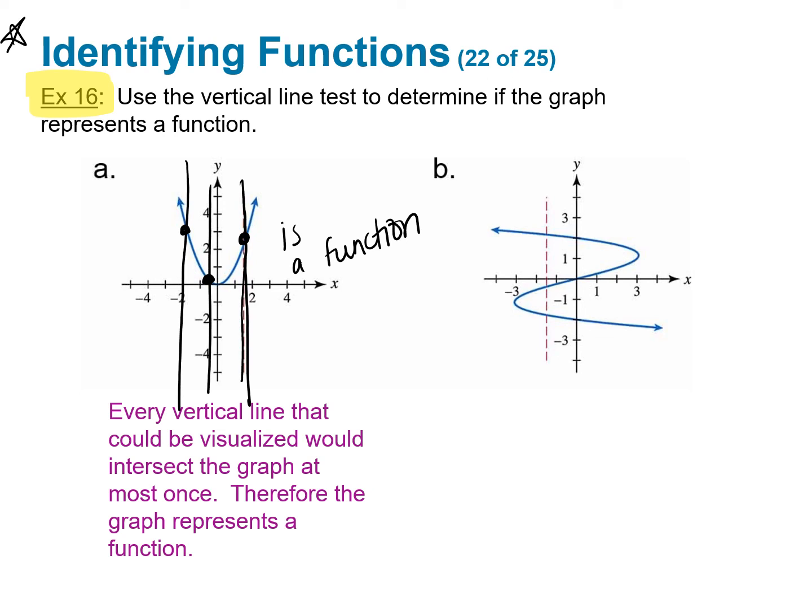Okay. So every vertical line that can be visualized could intersect the graph at most once. Therefore, it's a function. Whereas B over here, if we draw a vertical line, it hit 1, 2, 3 times. If we hit it over here, it hit 1, 2, 3 times. So you see that this is hitting more than once. So therefore, it's not a function.